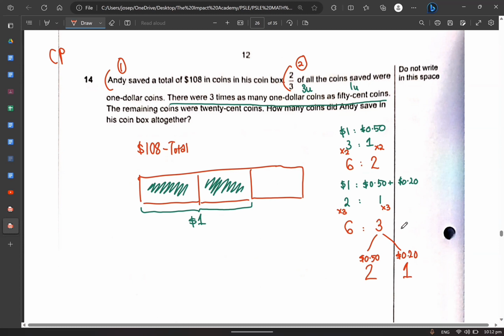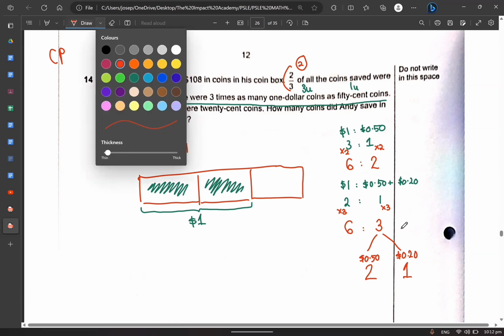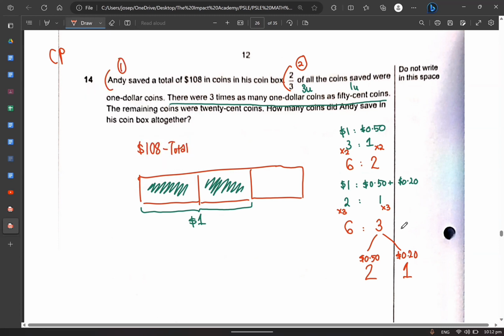Okay, so now, of course, we know that $1 is 6 units. So what we can do is go to our model bar and split it up into 6 units, which means I will have 3 parts in 1 unit, another 3 parts in another unit. And therefore, for my final unit, I can also split that up into 3 parts.